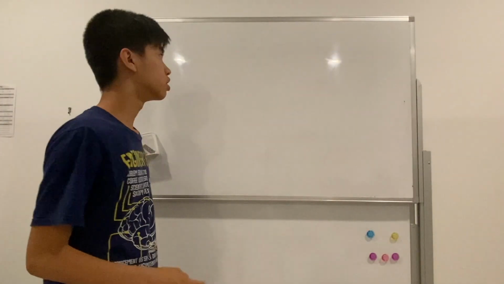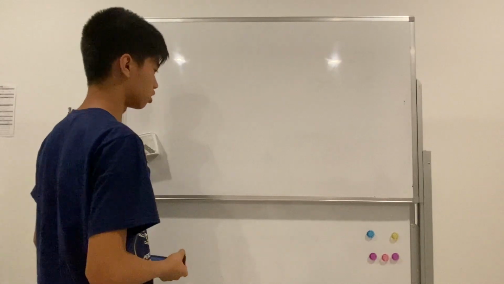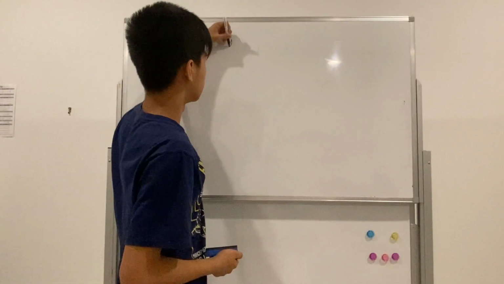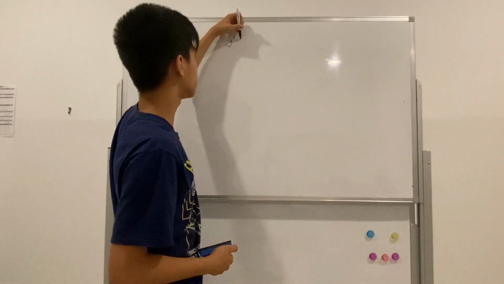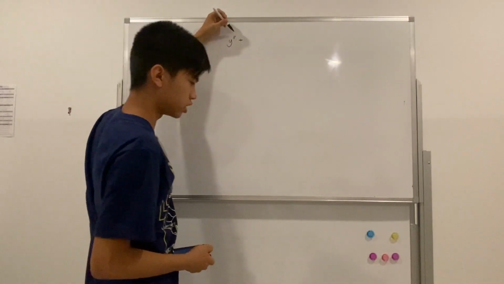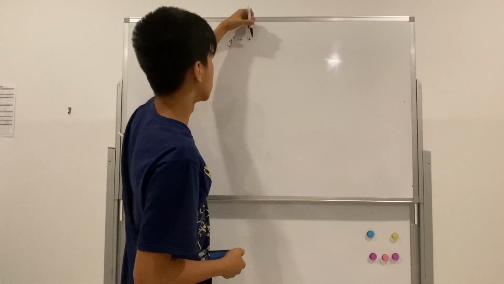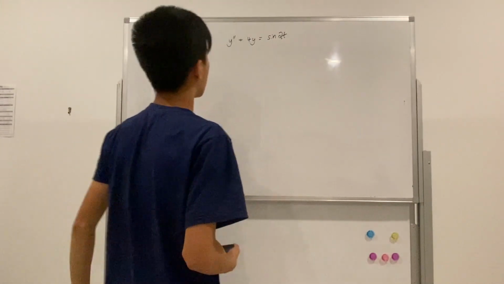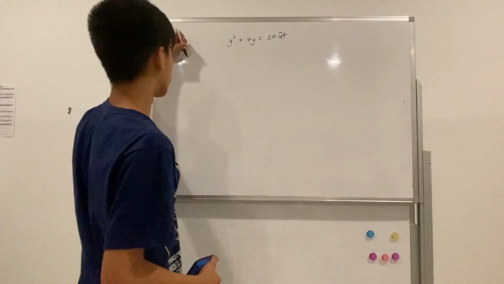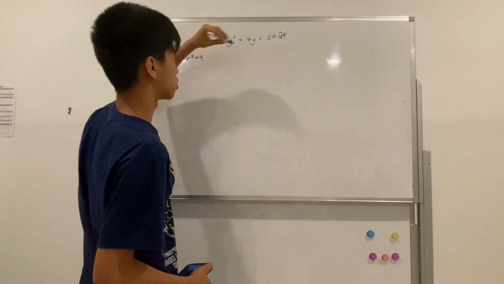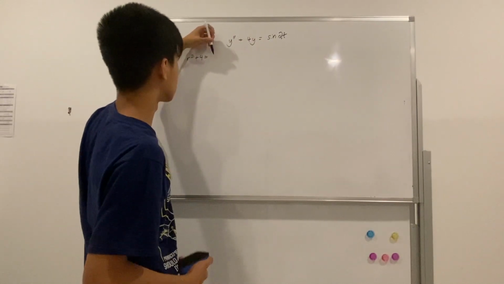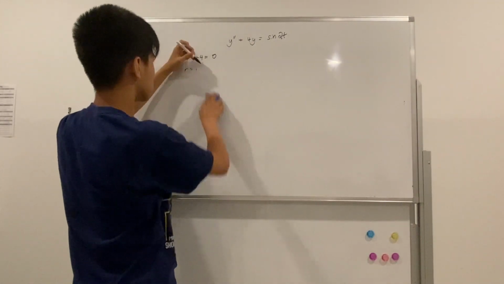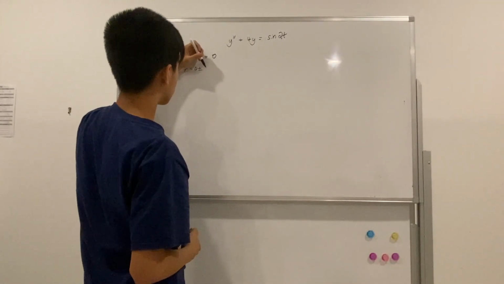Let's quickly get to a t cosine t plus t sine t example before we move on to our next concept. So let's say we have the differential equation y double prime plus 4y equals sine of 2t. Well, let's solve for the characteristic equation first to make sure that this doesn't match up with our characteristic solutions. So r equals plus or minus 2i.